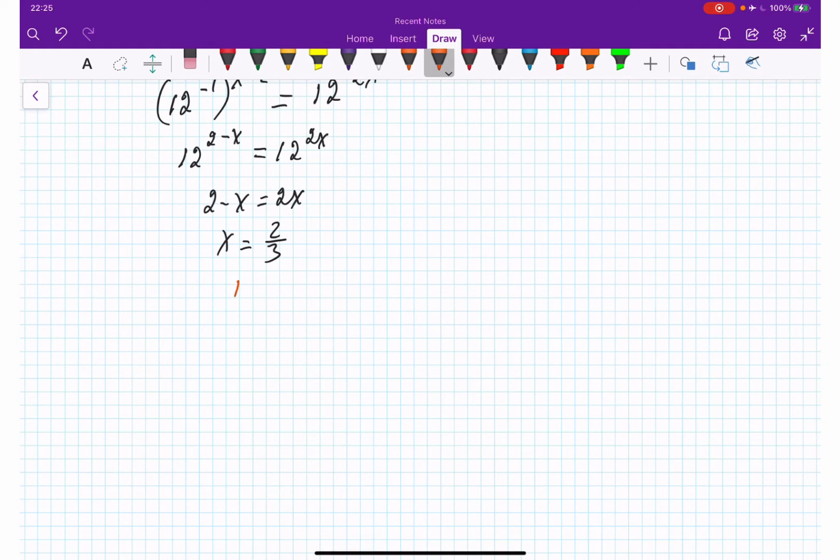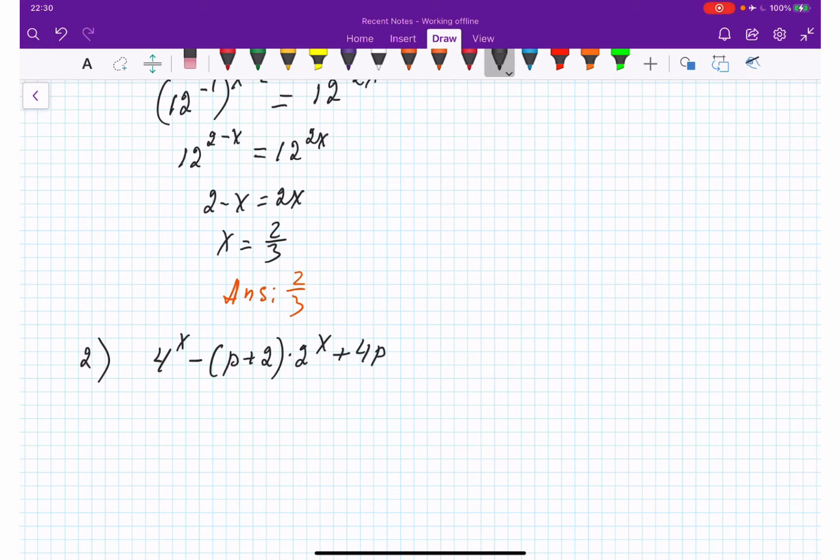Okay. Next, we have here conditions for the equation. We need to find all values of parameter p where the equation 4 to the power x minus (p plus 2) times 2 to the power x plus 4p minus 8 will have only one solution.